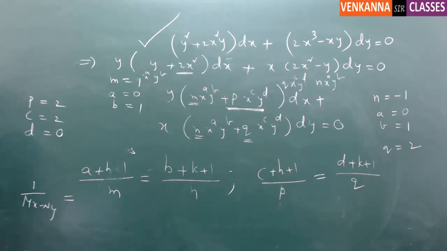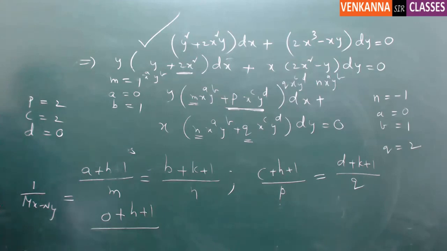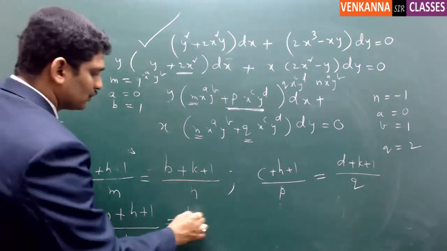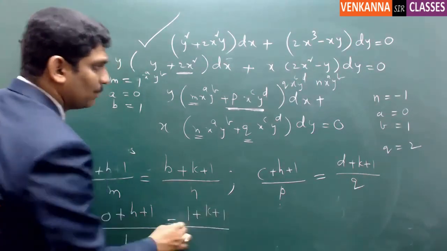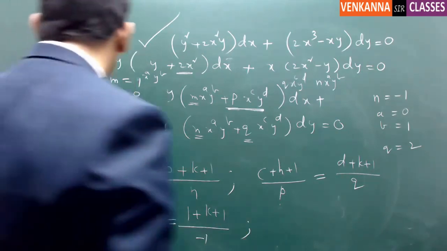Right. So if you compare the values, a plus h plus 1 to 0 plus h plus 1 by m, what is the value of m? It is 1, is equal to b plus k plus 1. So 1 plus k plus 1 by n. N is nothing but minus 1. C plus h plus 1.